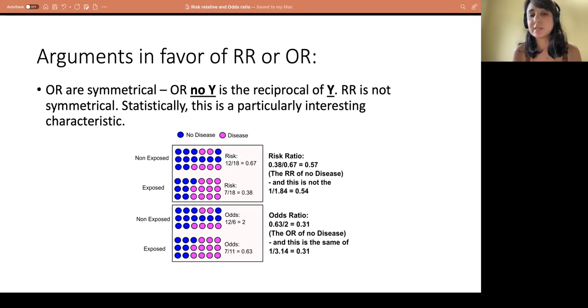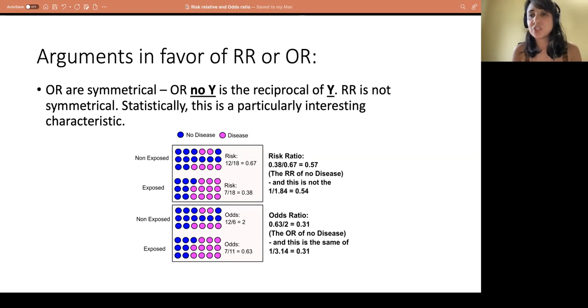So the risk is 0.38. And in the non-exposed group, we have the risk of not developing the disease, 12 blue circles divided by 18, in this case, 0.67. The risk ratio of no disease in this case was 0.38 divided by 0.67, which is 0.57.